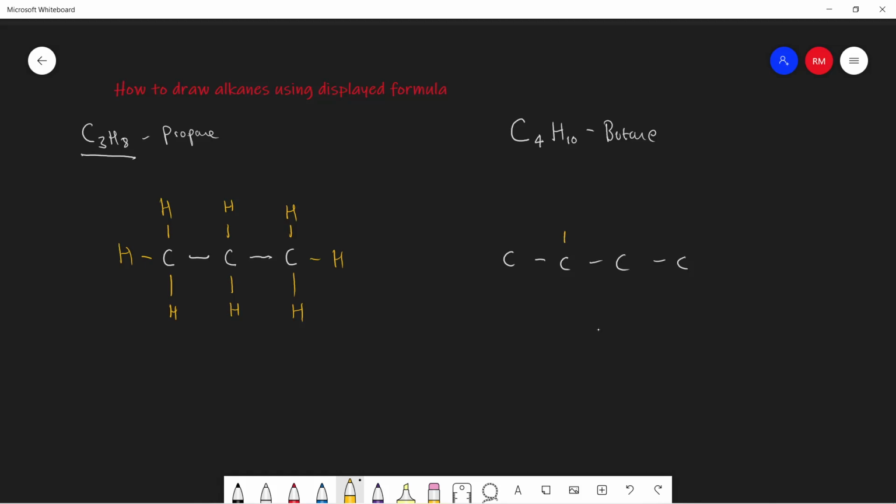I prefer to start on the sides because I know each one has to have 2 extra bonds, because they're only bonded to 2 other atoms, which are these carbons. Now we know that this carbon is only bonded once, so there's 3 more hydrogens needed to bond here and to bond here.